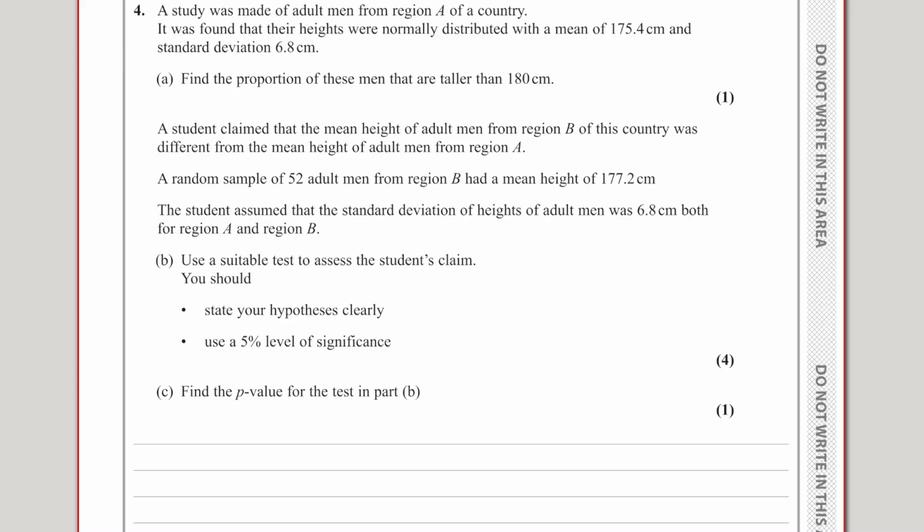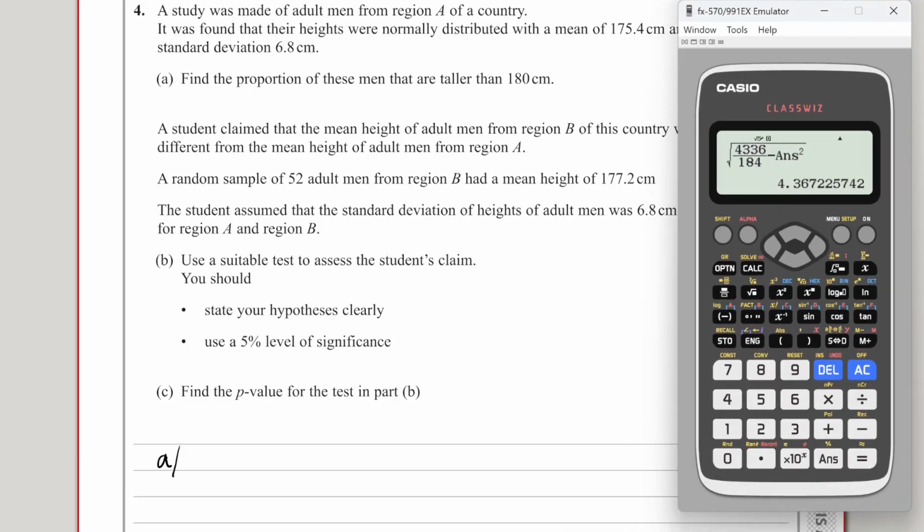Question 4. A study was made of adult men from region A of a country. It was found that their heights were normally distributed with a mean of 175.4 centimeters and standard deviation of 6.8 centimeters. Find the proportion of these men that are taller than 180. So we're just going to use the normal distribution. Let's go into menu, distribution, normal cumulative.